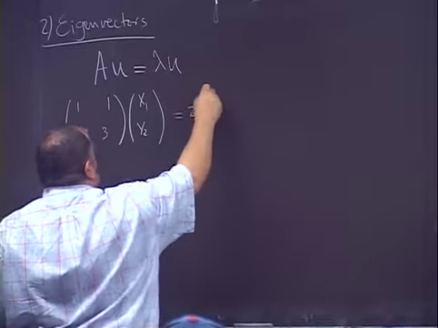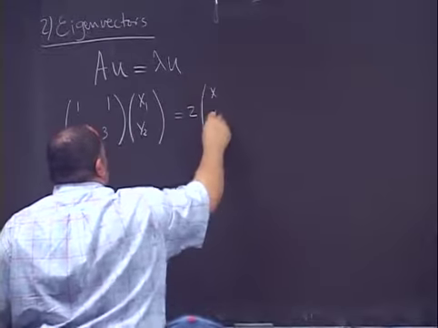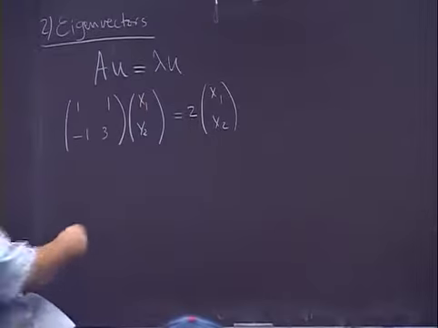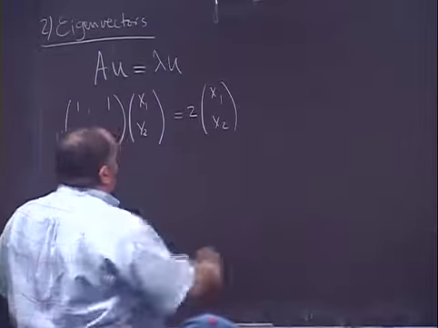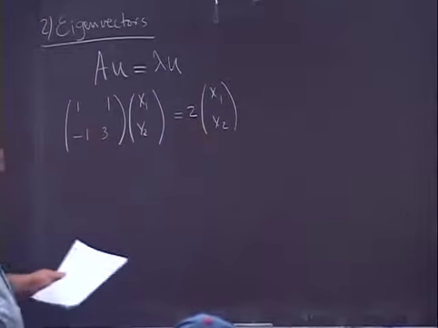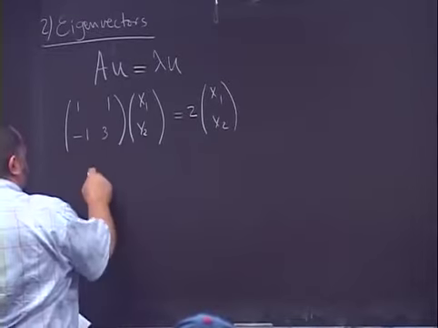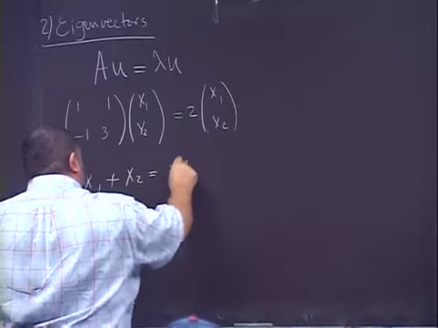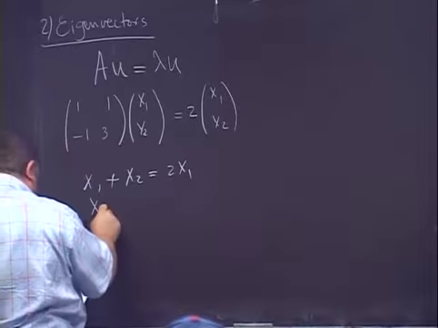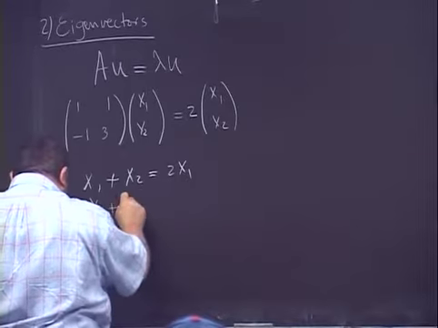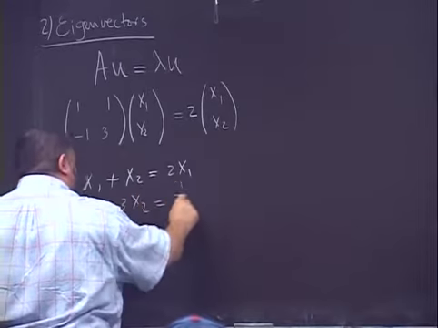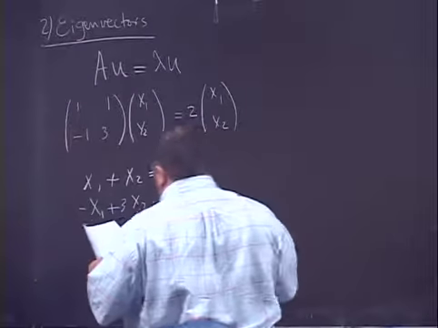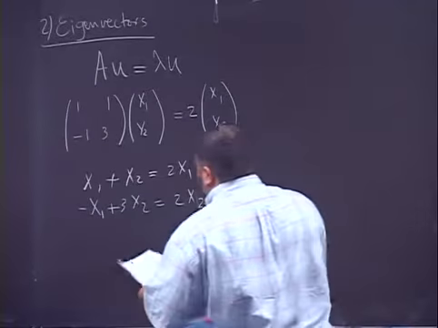So we'll use 2 times x1, x2. For the two cases, lambda 1 and lambda 2 are equal, so it will give me only one equation. If we solve this, you will notice that x1 + x2 is equal to 2x1, and -x1 + 3x2 is equal to 2x2.